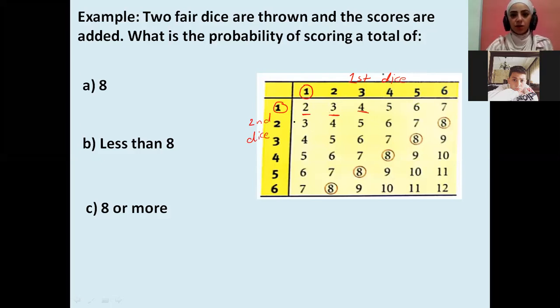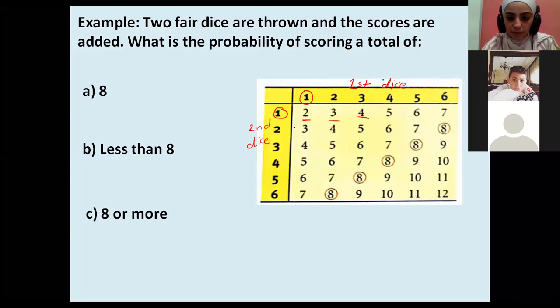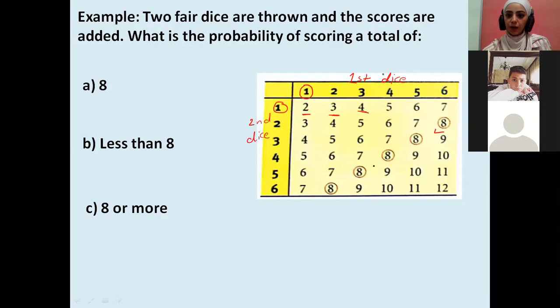So let's see, there are some students raising their hands. Yalla, Lien, the first one. What's the probability of scoring a total of 8, only 8? It's 5 out of 36. Yes, excellent. So see, how many 8s do we have? 1, 2, 3, 4, 5. 5 out of all the possible outcomes together, which is 36.